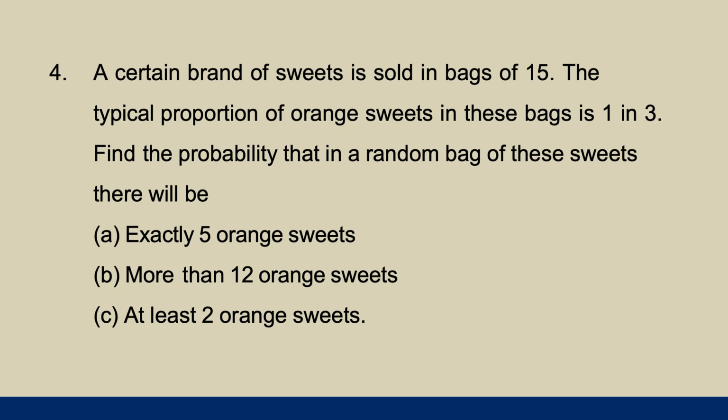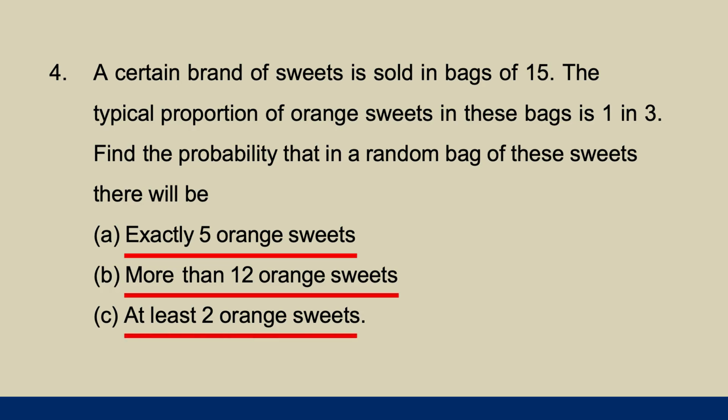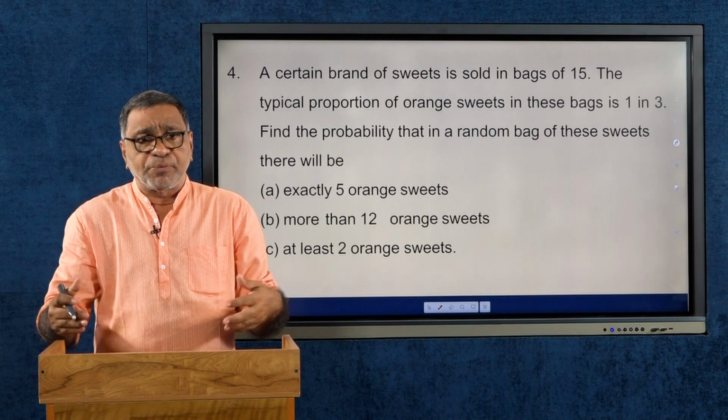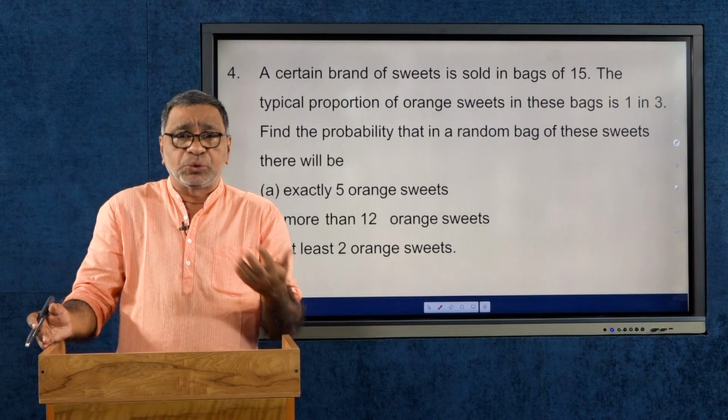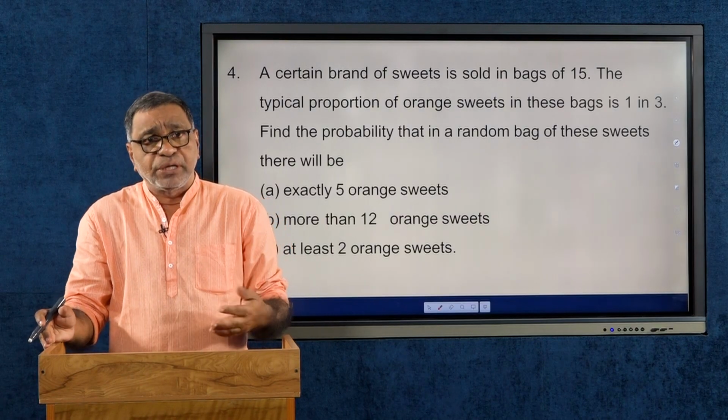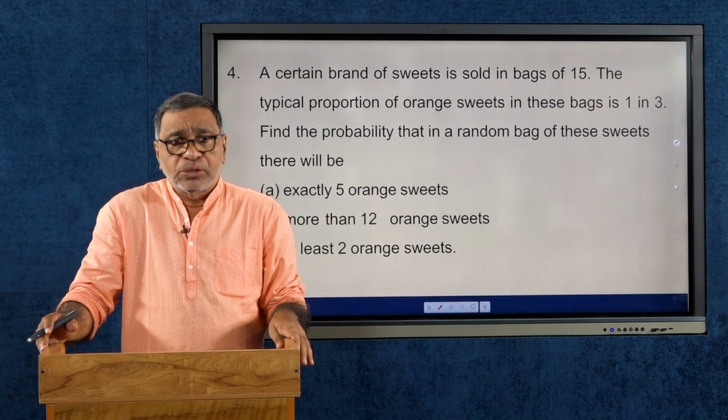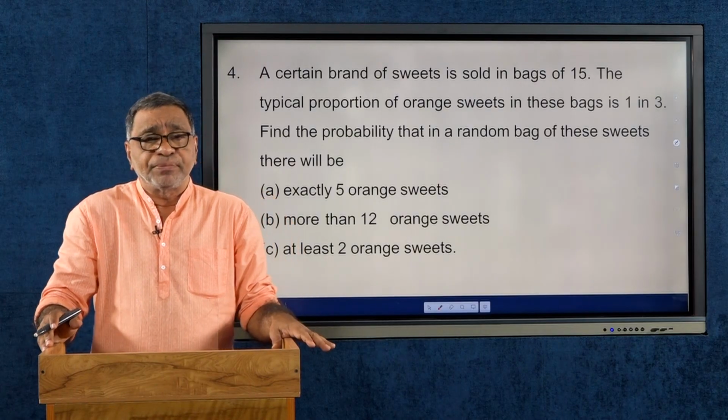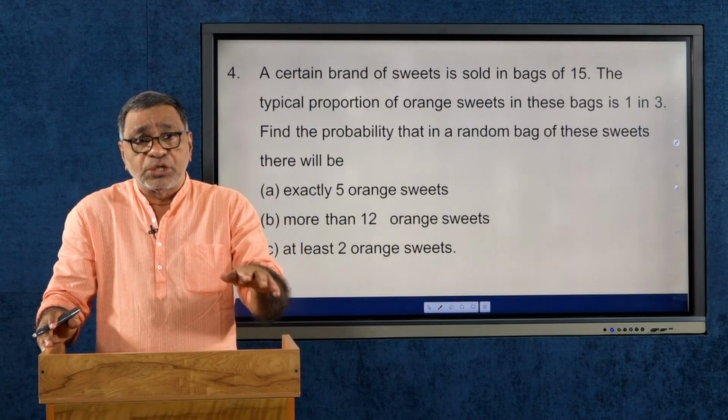Find the probability that in a random bag of these seeds, there will be, first, exactly 5 orange seeds; second, more than 12 orange seeds; and third, at least 2 orange seeds. Similar events can be defined, and there also we can find the probabilities. So this is also an example of applying the binomial distribution.